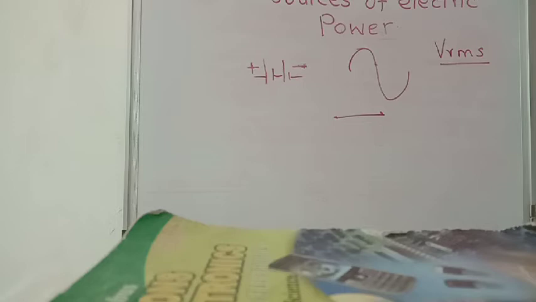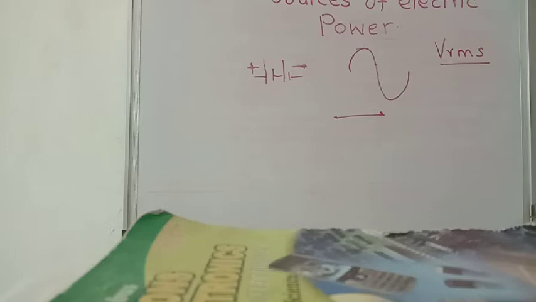There are two types of cells, primary and secondary. Primary cells cannot be recharged. Any dry cell cannot be recharged, but secondary cells are rechargeable cells.